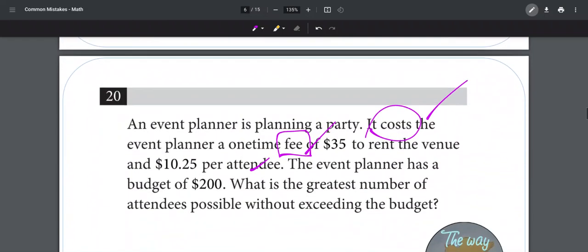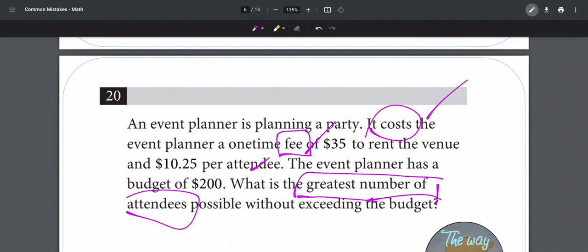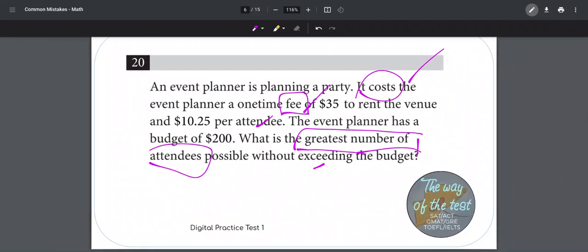In this case, will be a bit weird, I know, but the question is, what is the greatest number of attendees possible, right? So let's say you're solving the question, and in this case, this is an inequality, and at some point, instead of doing this inequality, right, less than or equal to, which is greatest means we're finding the value has to be like this, right?